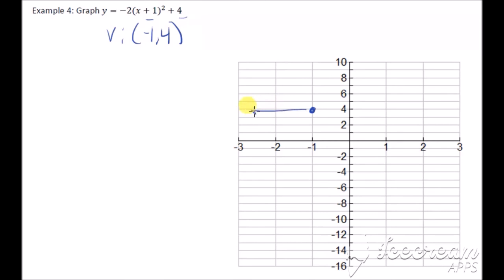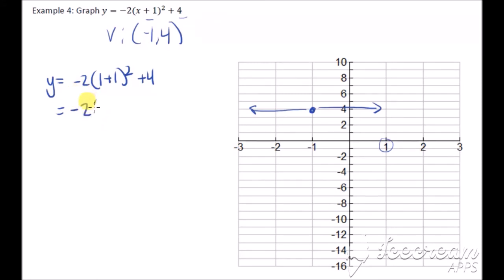We're going to plot a point 2 units to the left and 2 units to the right. I'm going to choose to sub in 1 just because it's an easier number than negative 3, but you can sub in either number and you will get the same answer since parabolas are symmetric.